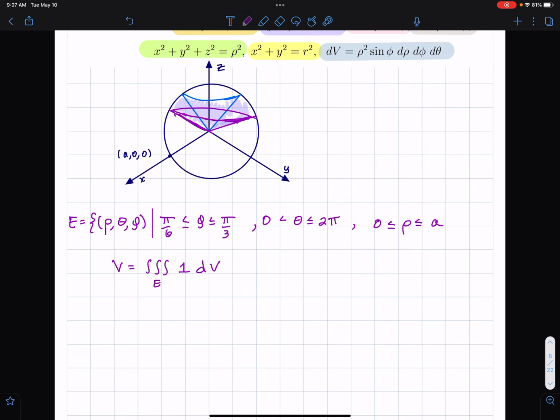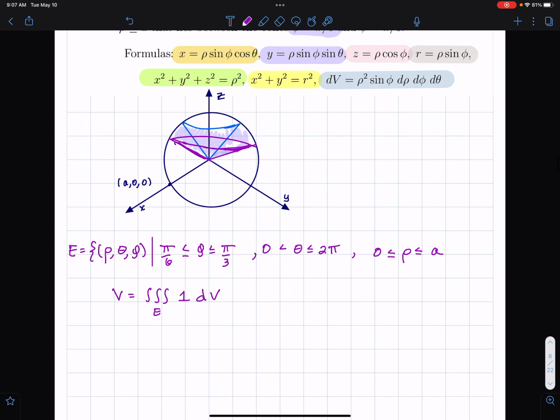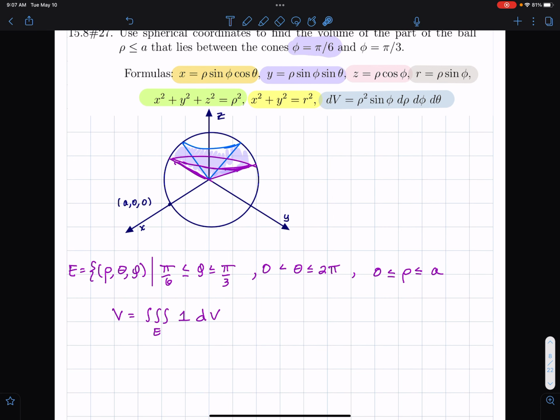Okay, now I have these formulas also for spherical coordinates for x, y, z, r. R is not in spherical coordinates, but it's sort of in the background. Anyway, I don't have to use any of these except for the last one, dV. dV is rho squared sine phi d rho d phi d theta.